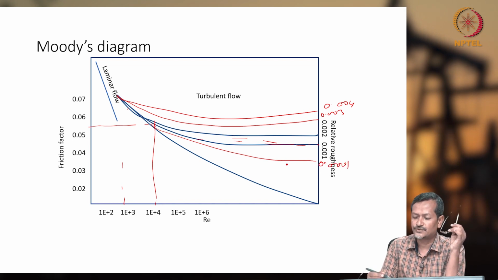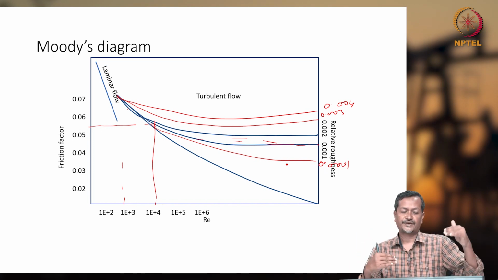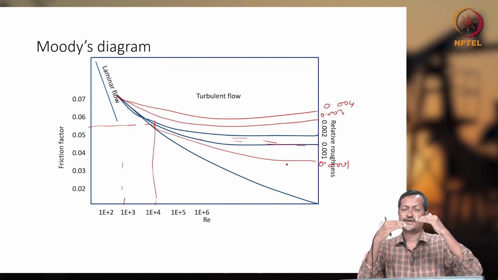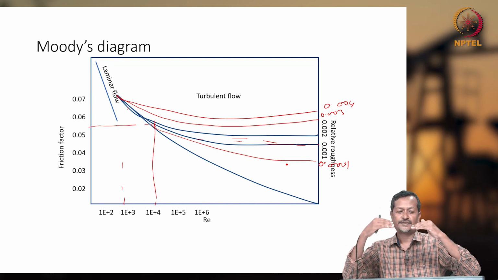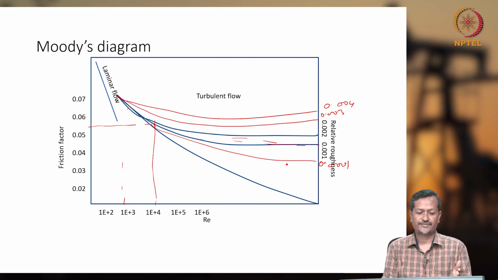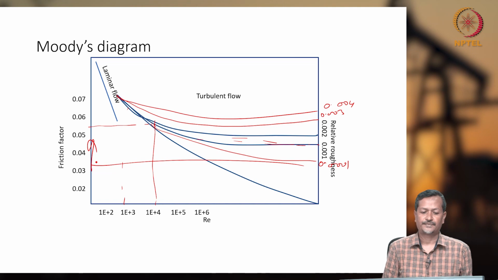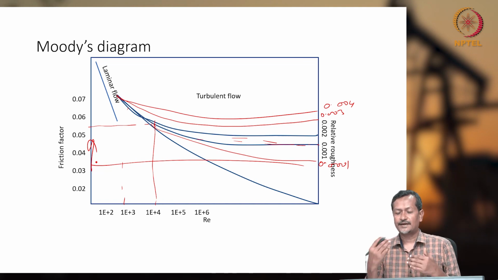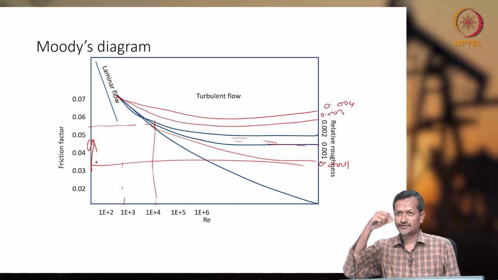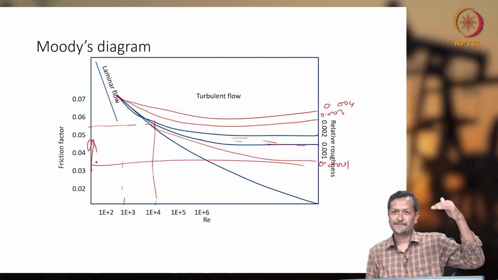If you go down, your roughness is going down, your friction factor also going down. If you increase roughness, the pipe is more rough, and your friction value also increases. If you see the left side, the friction value gradually increases from bottom to top. So relative roughness increasing means the roughness on the surface is increasing. Same pipe, roughness increasing means your friction also increases.